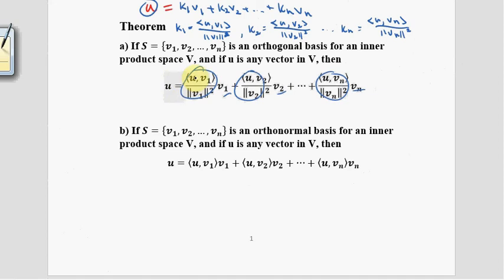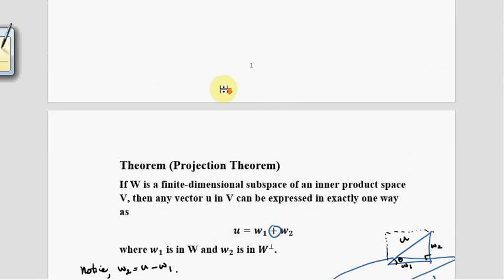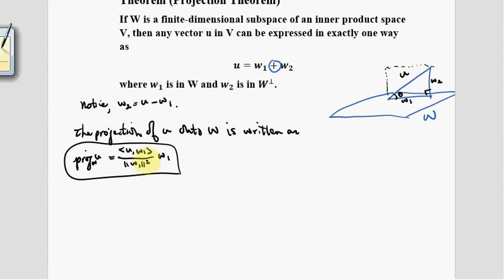Right? Some inner product divided by some norm squared times that vector. Same idea here. Now to produce this, because this is really the crux of even the Gram-Schmidt process once we see it.